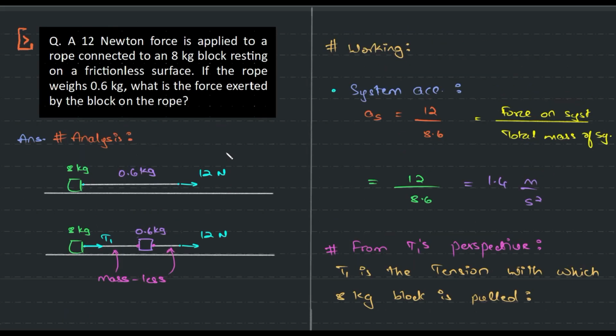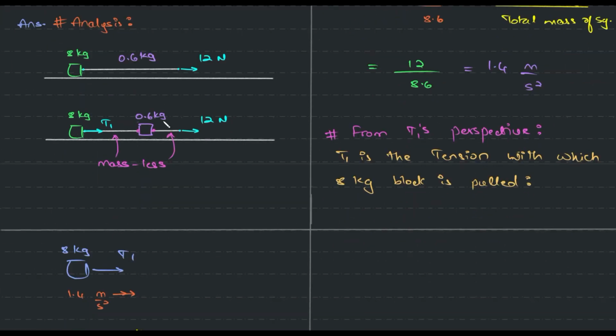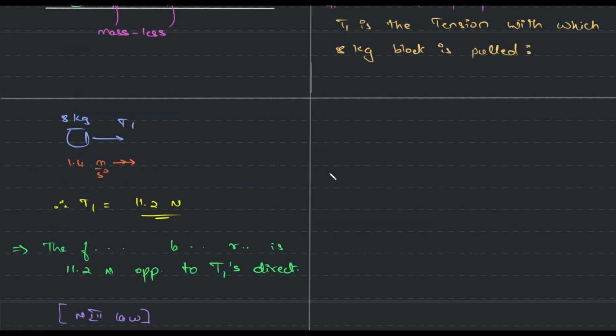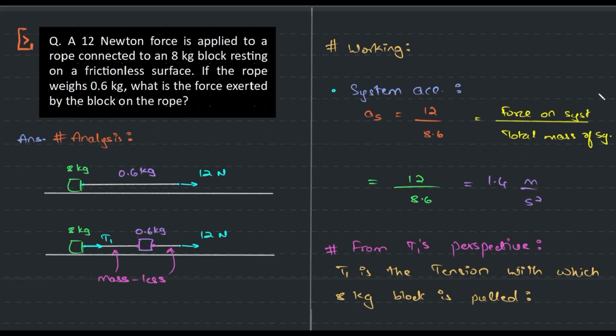Have we taken left and right? No. Since we're not talking about left and right over here, it is opposite to T1's direction. That's my reference, T1's direction. The diagram is the reference. So yeah, that's your answer. If not, you will lose marks, guys. If you don't write that last statement, then you're technically wrong. You have not yet reached the goal.